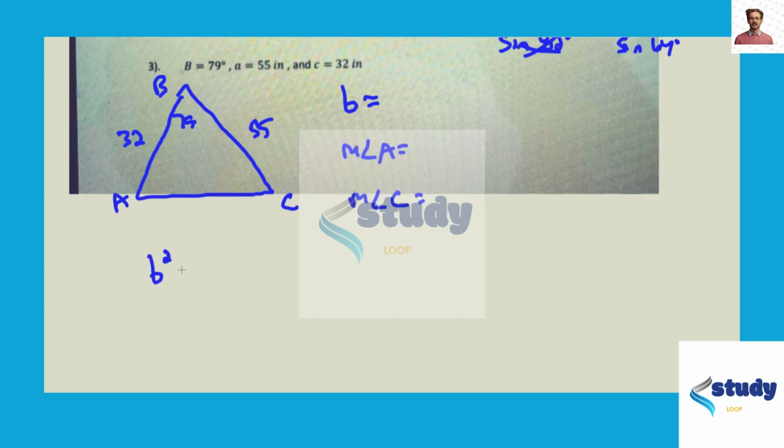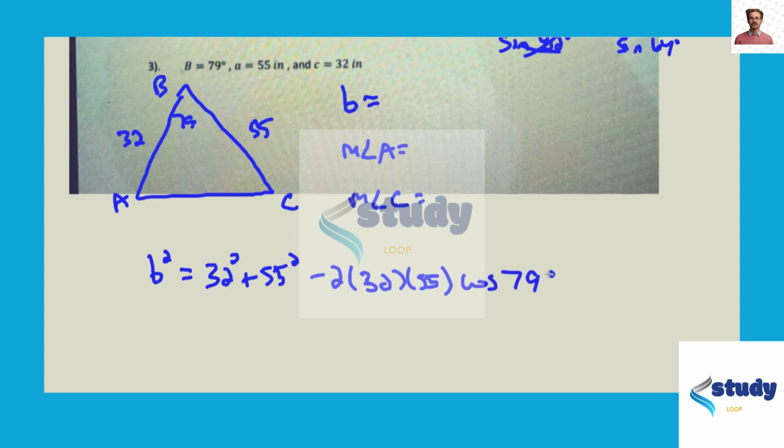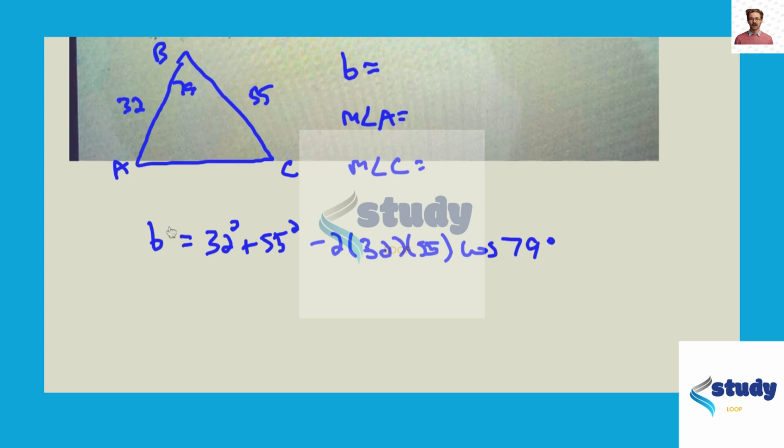B squared is equal to the sum of the squares of the other two sides minus 2 times the product of the other two sides times the cosine of angle B, which is 79 degrees. Square root both sides, and we're solved for B. This just needs to go into the calculator.